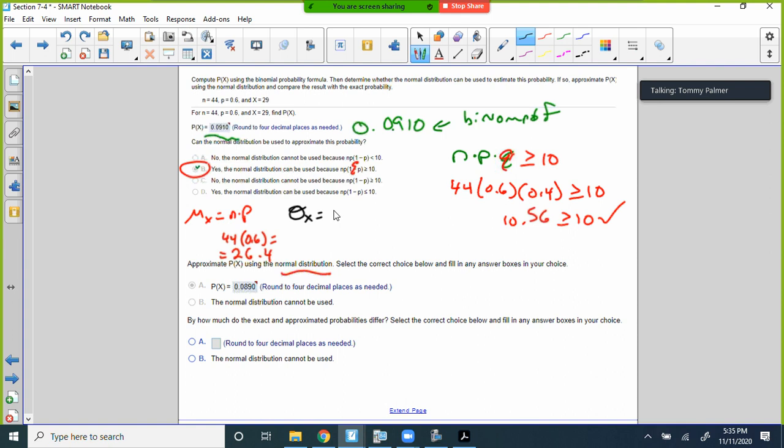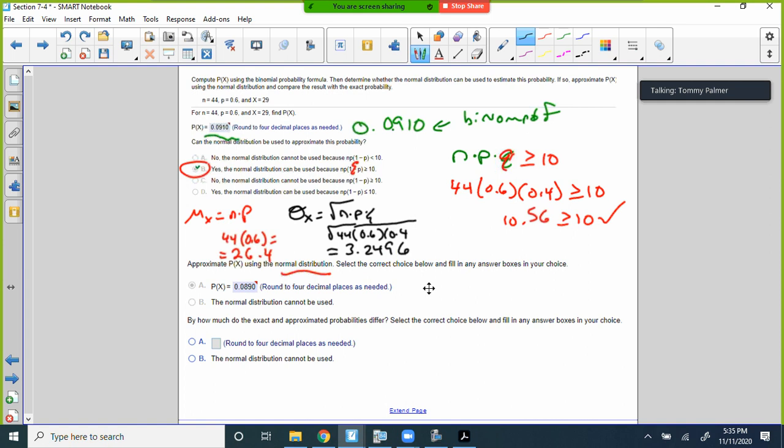That calculation is the square root of n times p times q, which is the square root of 44 times 0.6 times 0.4. That happens to be 3.2496. These two calculations have to be done in order to do a normal approximation of a binomial probability. Guaranteed, you've got to have those.